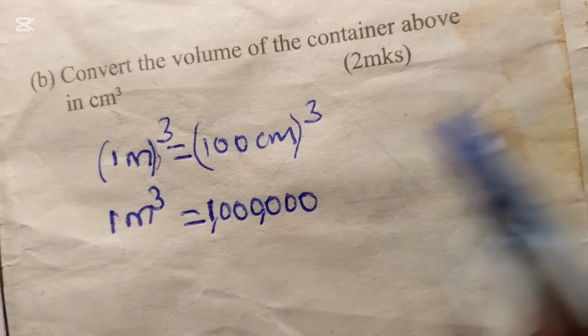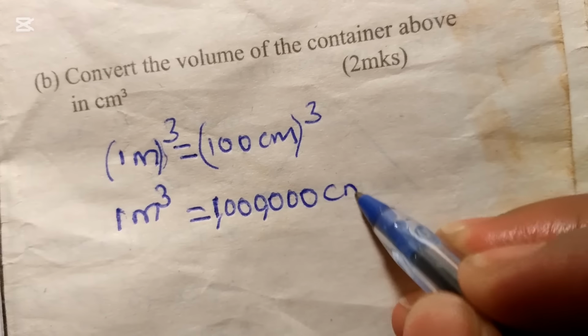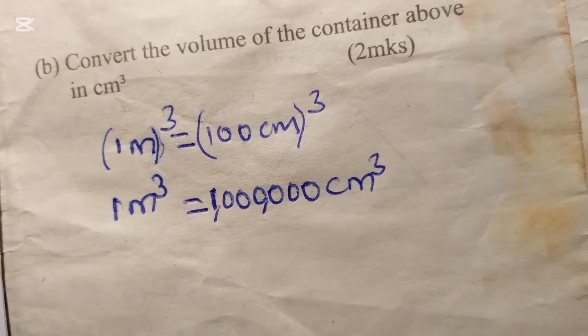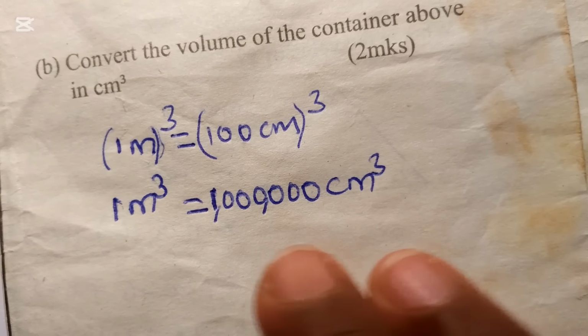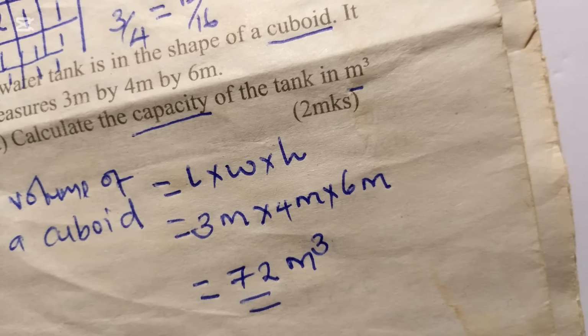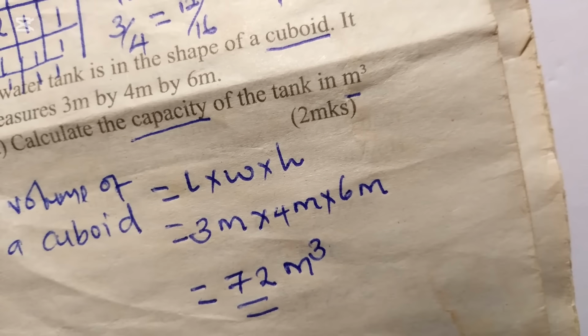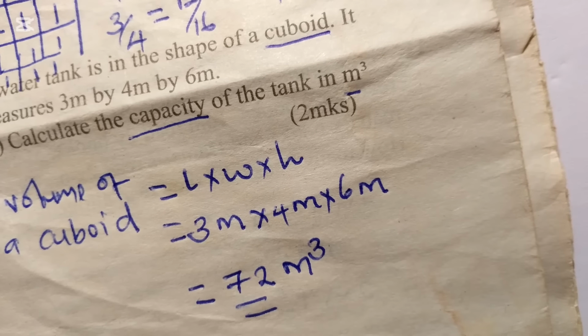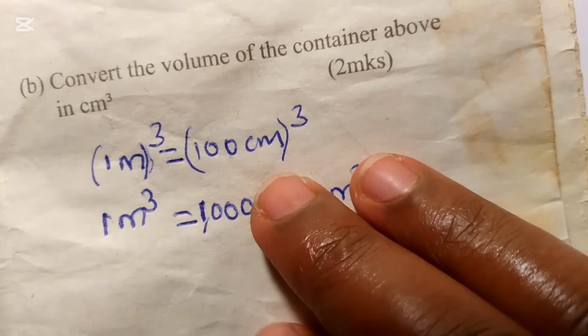Let us cube the centimeters. Look at that. Very simple. So 1 cubic meter is equal to 1 million cubic centimeters. But we only have 72 cubic meters. So we are going to convert these 72 cubic meters to cubic centimeters.